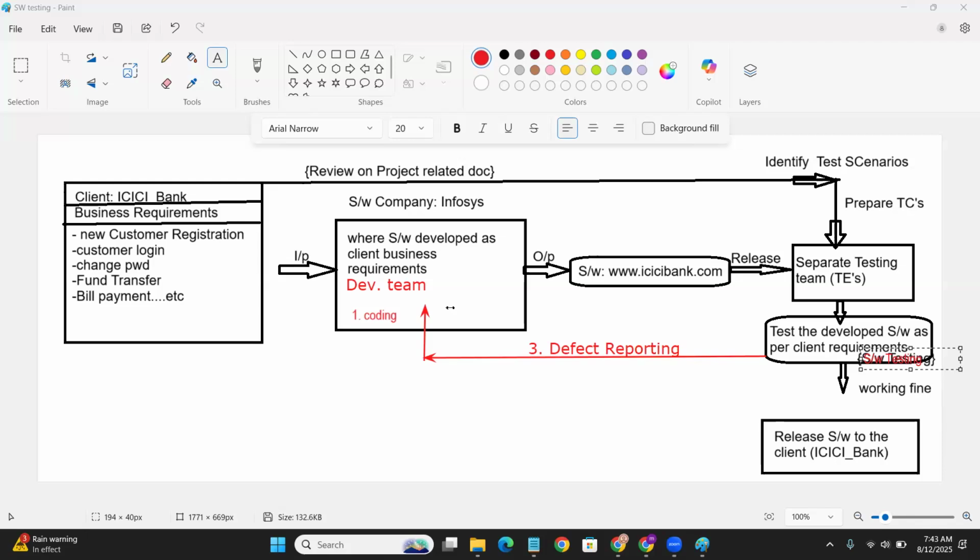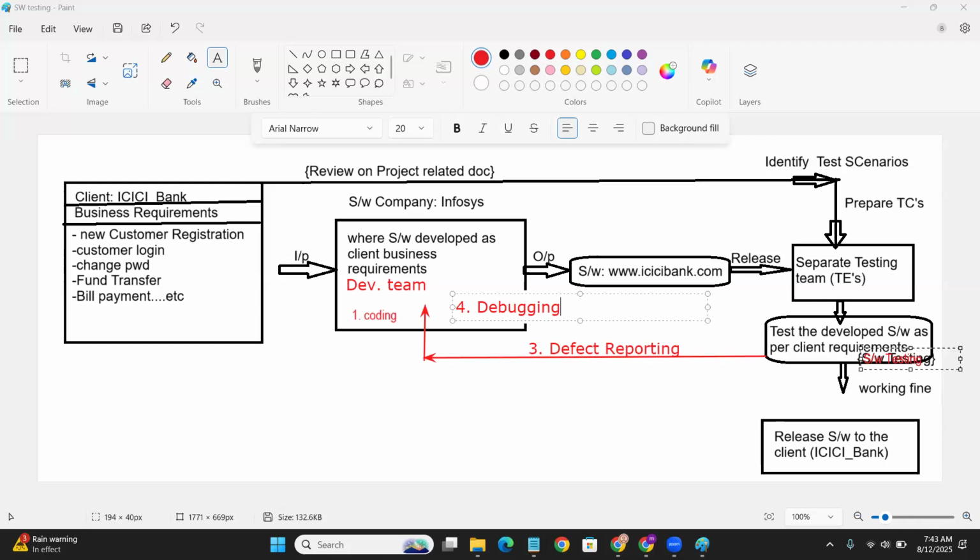Once defects are reported, developers are responsible to solve them. Before solving, they go for debugging. What is the meaning of debugging? Analyzing the source code of the application in order to identify the root cause for a defect is called debugging.